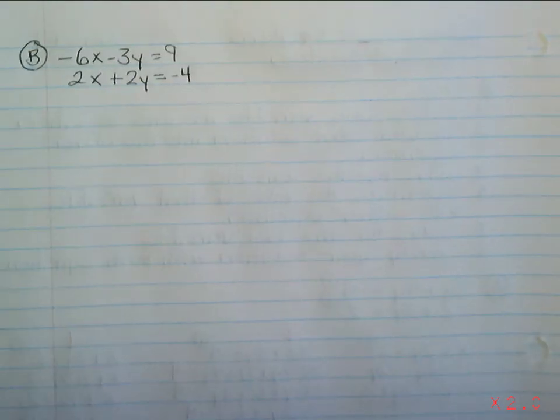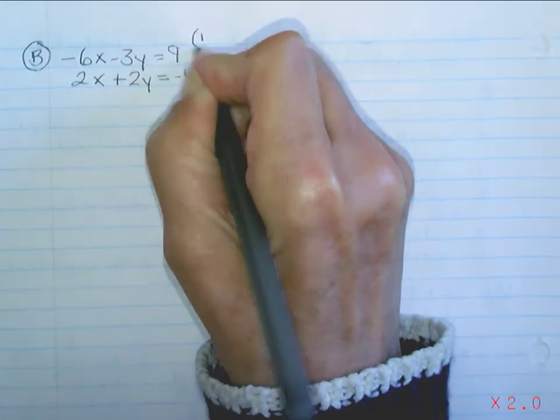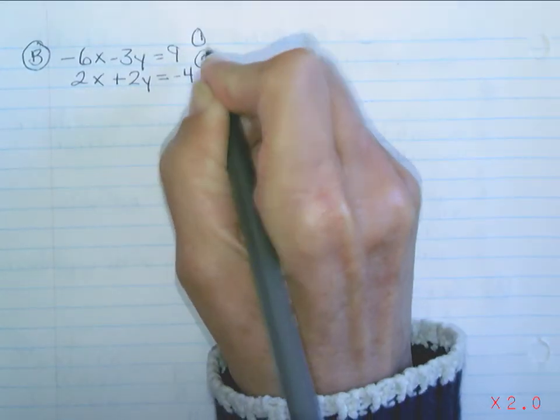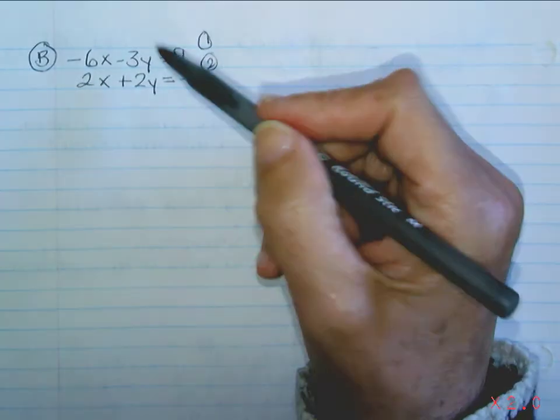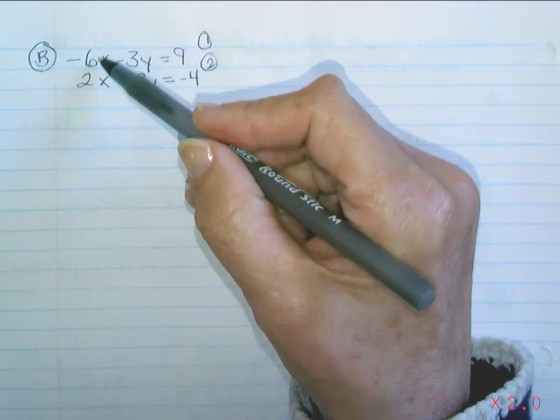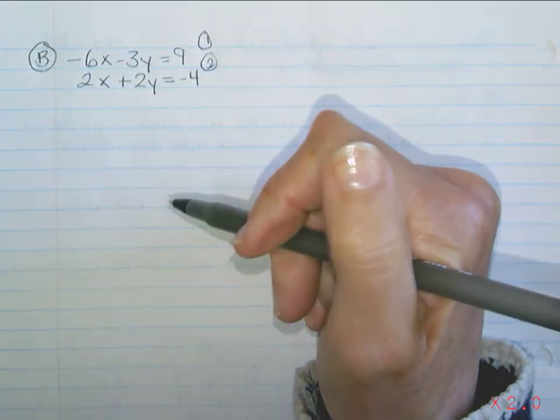And again, I'm going to number the equations to make my life easier. So I have 1 and 2. Now I can work by isolating either variable in either equation, but think carefully. If you have to divide 9 by 6, that's not going to work out nicely, is it?